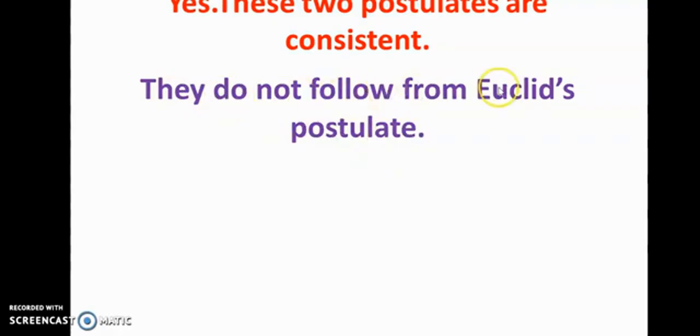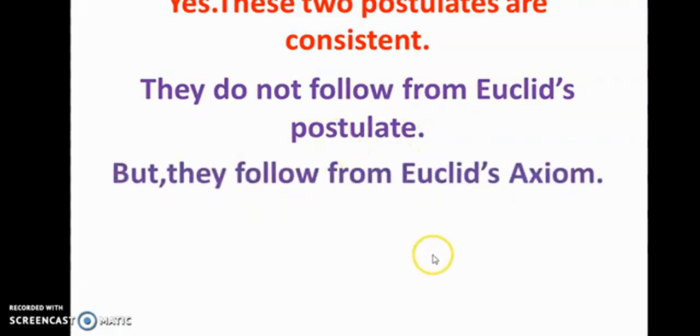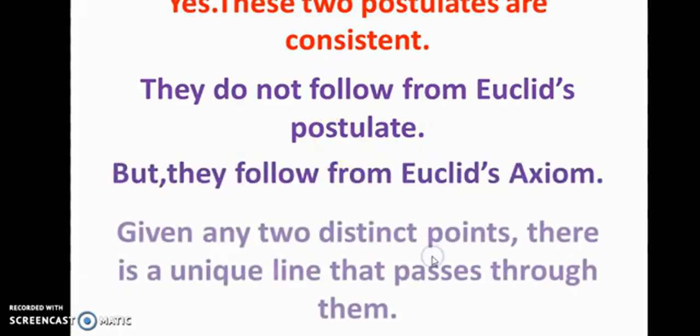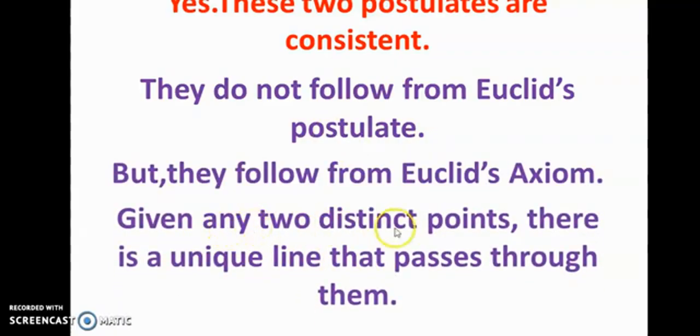They do not follow from Euclid's postulates, but they follow from Euclid's axiom. Yes, you know the axiom: given any two distinct points, there is a unique line that passes through them. So this postulate follows Euclid's axiom, not Euclid's postulate. You understood, children? Okay, let us move on to the second question.